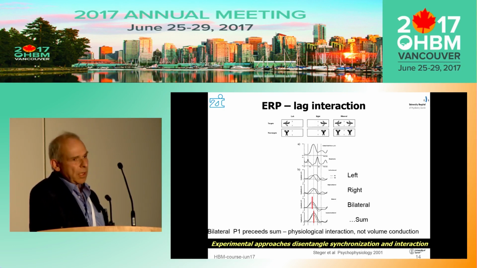And I think not everything can be resolved by computational methods alone. Some of the things have to be resolved, for example, by experimental approaches.